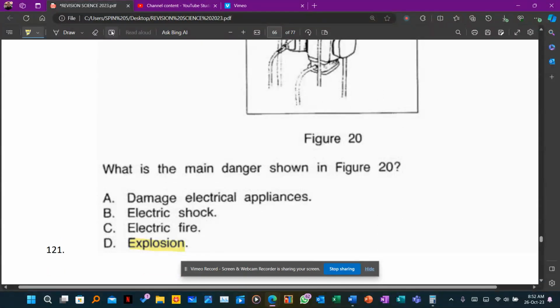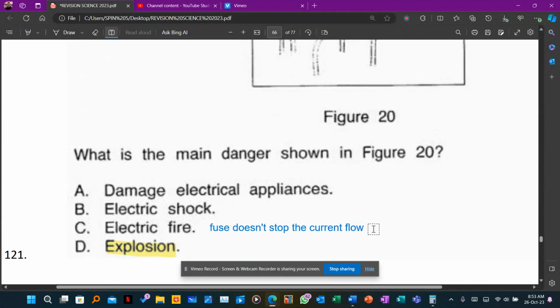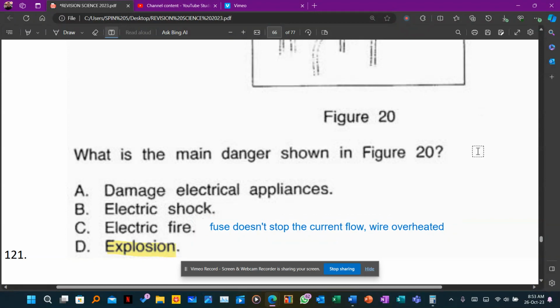You get an electric fire when the fuse doesn't stop the current flow. The current keeps on flowing, the wire becomes overheated, and then it will catch fire.